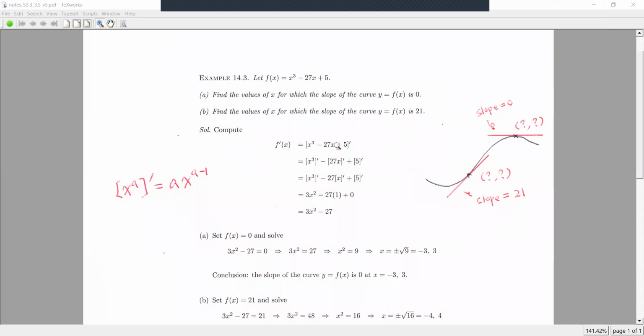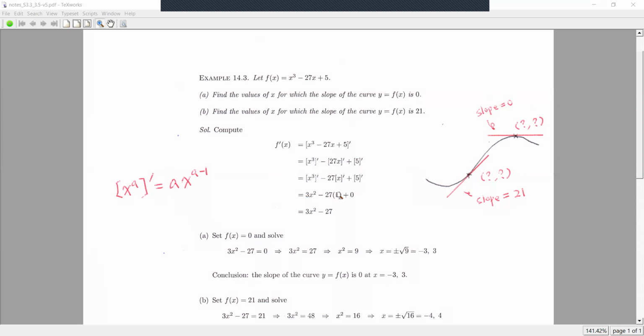Now take derivative of the function. By summation and subtraction formula, we have this equation. Move 27 outside this derivative, then we have this equation. Now, derivative of the power function x to the third is 3 times x squared by this formula.